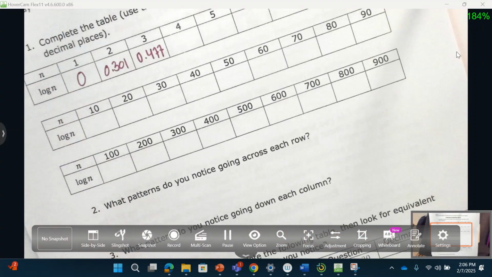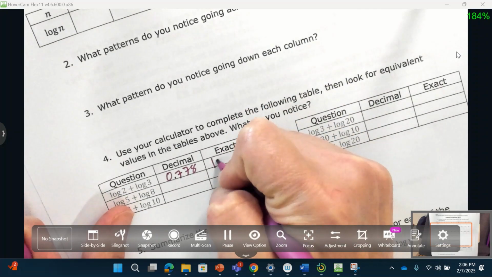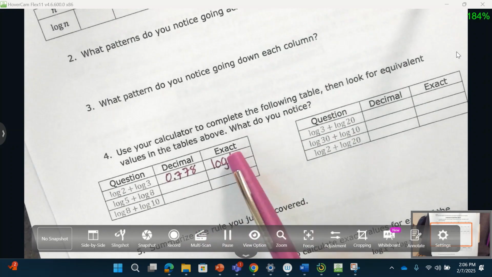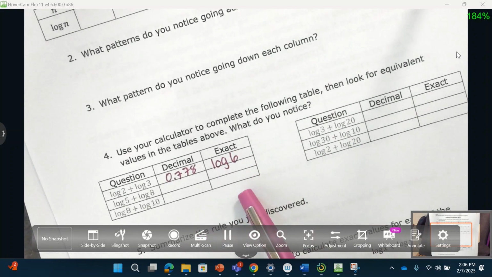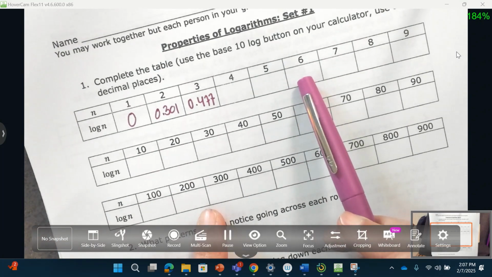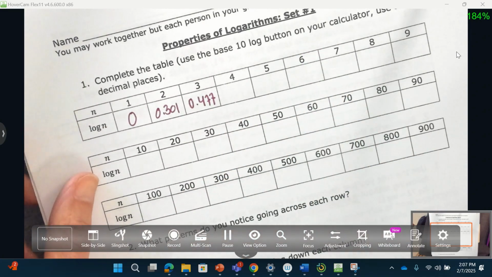So in that column, for exact, we're going to write it is log 6. So you might have thought log 2 plus log 3 is log 5, but it's actually log 6. Now, as you fill it out, make sure that you do write log there. I just went over one where the student was just writing the numerical value, but remember that what you see in the table, like that decimal, is not the number 6. It is the log of 6. And so that's what the exact value is.